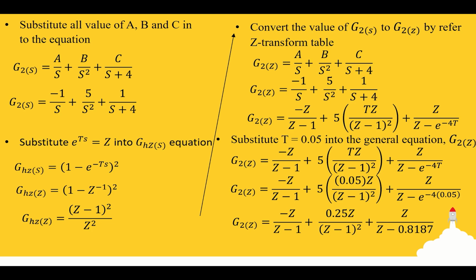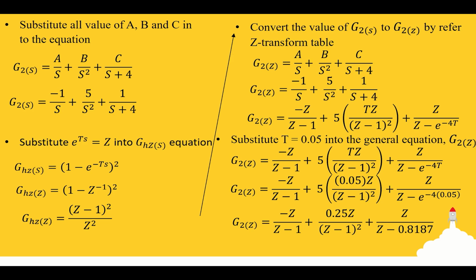And we substitute the exponent e to the power of Ts into GHZ, which is 1 minus e to the power of negative Ts, squared.